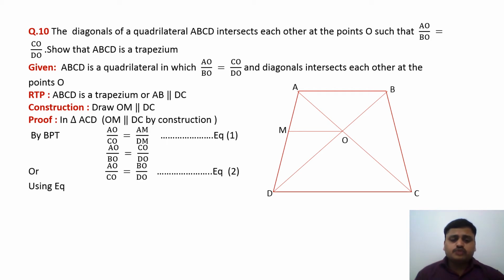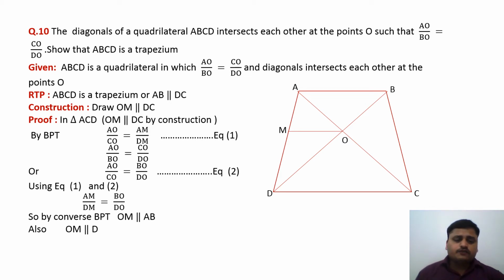Now from equation 1 and equation 2, AO by CO will be cancelled. So we can say that AM by DM is equal to BO by DO. And if this is so, then by the converse of BPT, which says that if a line divides two sides in the same ratio, then it is parallel to the third side, we can say that OM is parallel to AB.